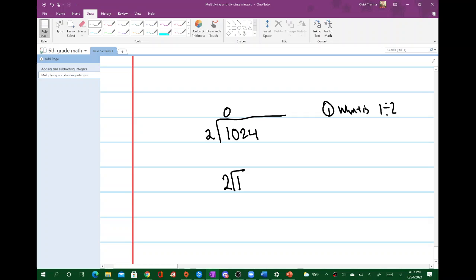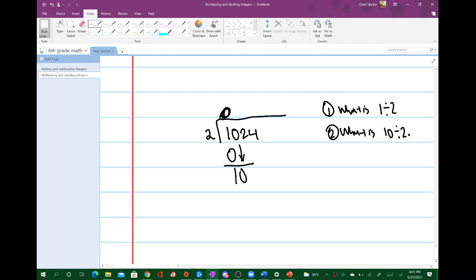That's why we put a 0 there, a 0 placeholder. So anytime you have other numbers like 4, 5, 6, you always put a 0 if it doesn't go into that number, right? And then we have 2 times 0, that's 0. So then we bring down the 0 here, and then we say, okay, what is 10 divided by 2?